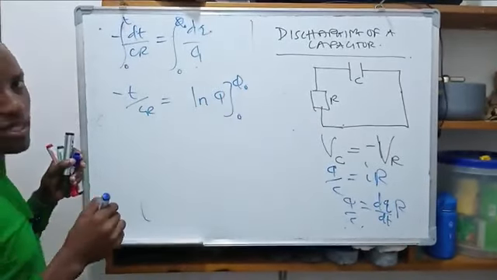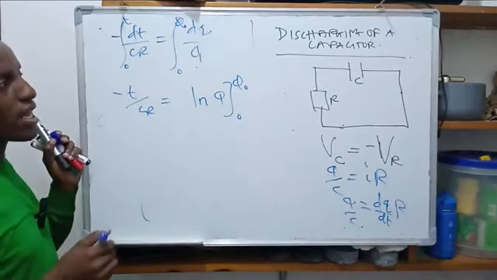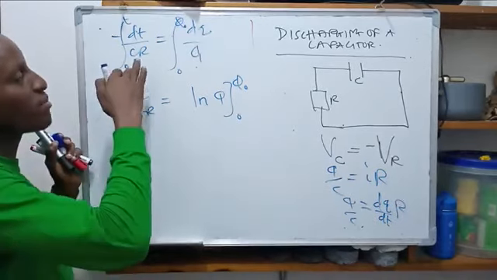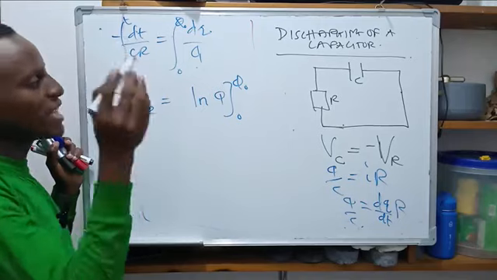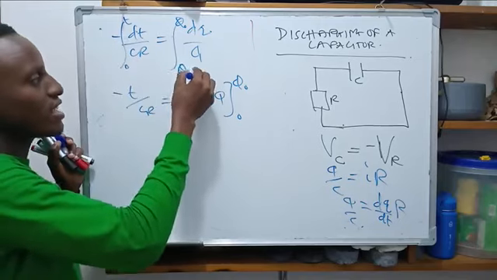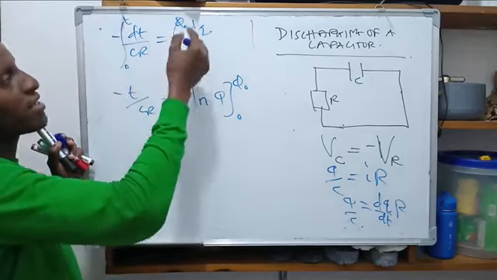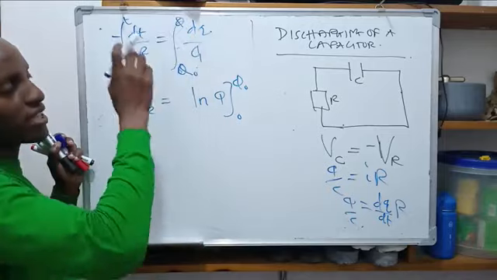What is happening? Meaning, from 0 to time t, this is the initial charge, but the final is the Q at a given time.